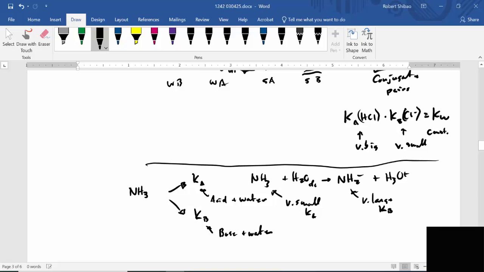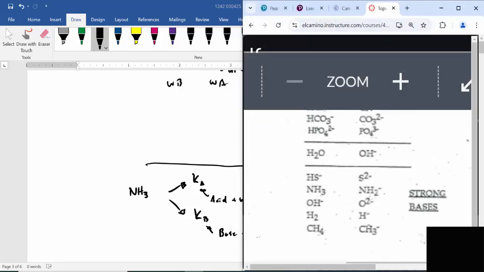And therefore, do you know what NH2 minus is called? NH2 minus is called amide, and it's a powerful base. So when I have my students memorize the strong bases, these are the strong bases here. The strong bases are the soluble sulfides, the soluble amides, the soluble oxides, the soluble hydrides, and the methide. Methide is the strongest base on this particular chart.